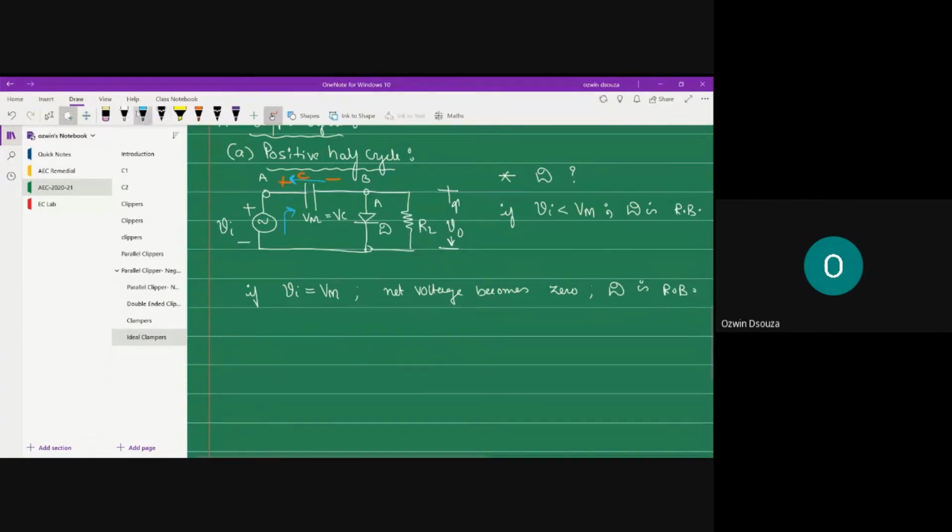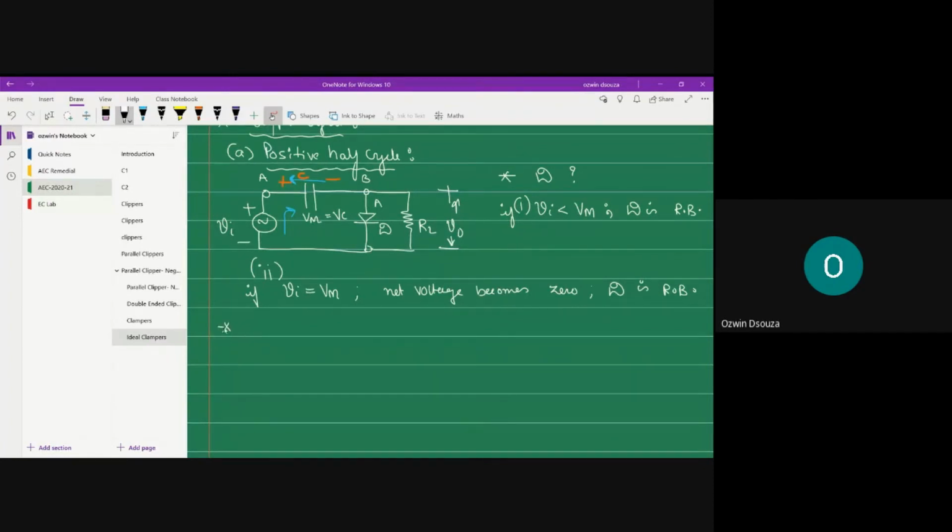Either input is less than Vm, or the equilibrium condition wherein input voltage and the capacitor voltage become equal. So when the two voltages are equal, what happens? The net voltage becomes zero and the diode is reverse biased.